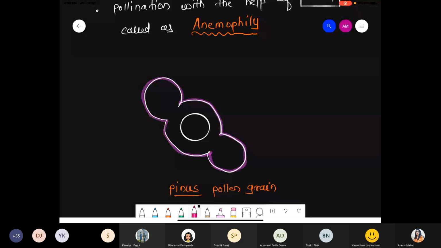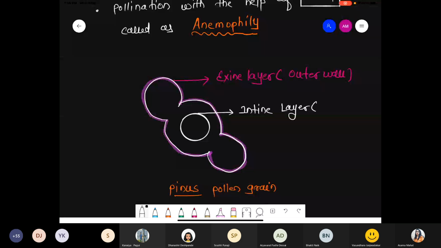Outer layer, or simply we say the outer wall. Pollen grain has two walls, outer and inner. Whatever we are talking about, these are the outer one. And this one present in the center is called the intine layer. Whenever we are talking about the intine, it means we are talking about the inner wall. So the outer wall is called the exine, the inner wall is called the intine.